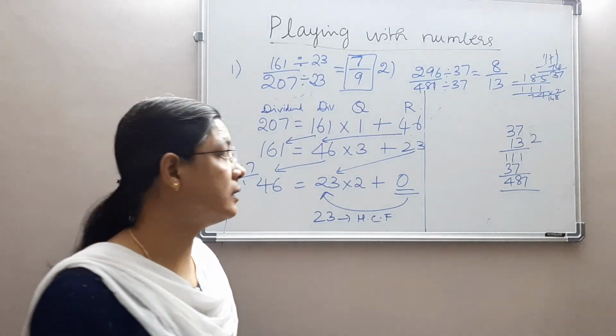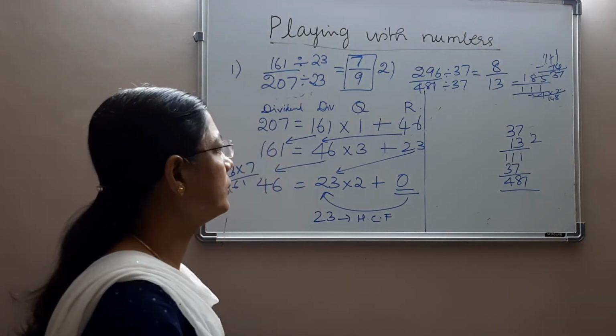So 8 by 13 is the simplest form of 296 by 481.